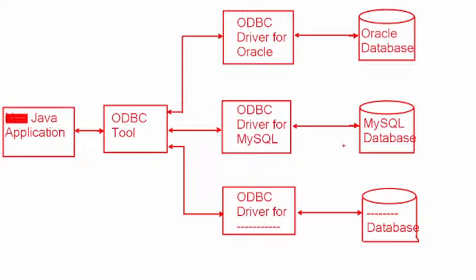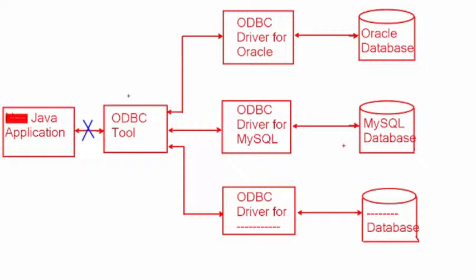Now they tried to connect this application to a database. In the same style they tried to connect to an Oracle database, MySQL database, DB2 database, but the connection failed.